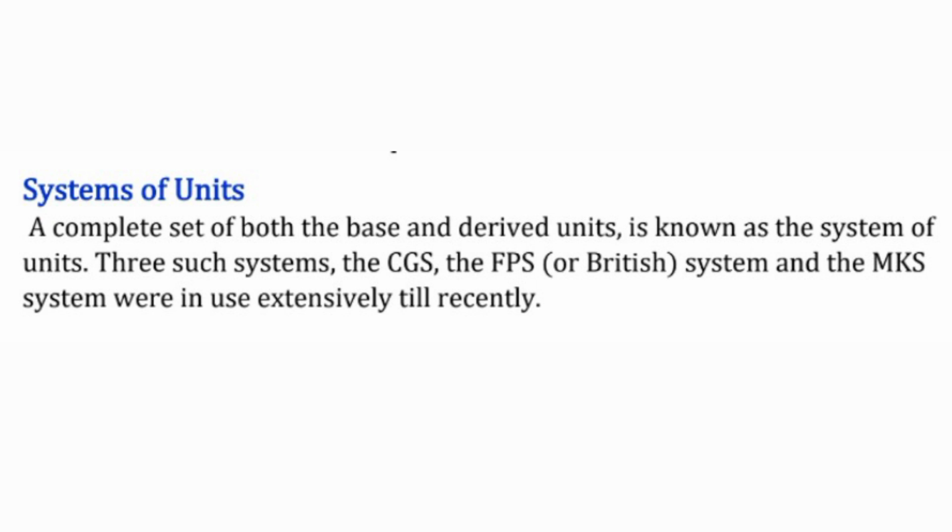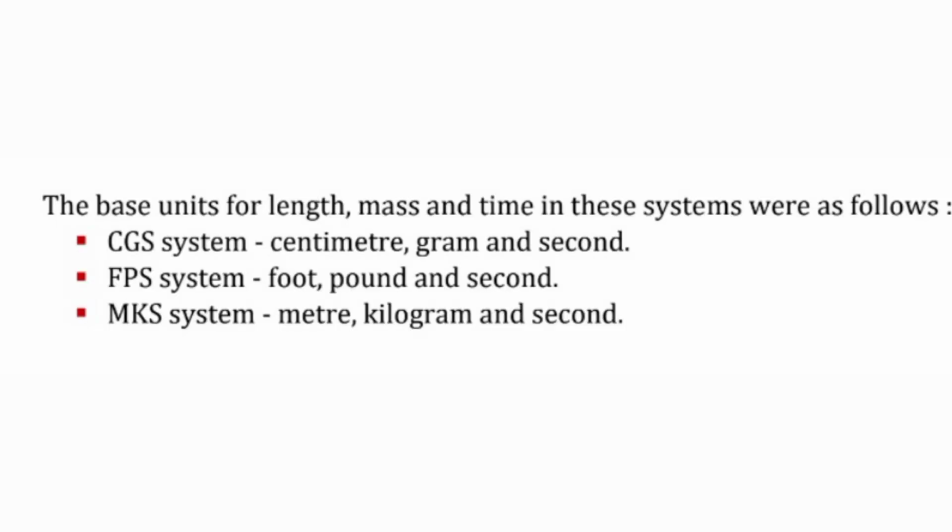So according to this, we will take the first letters of the units. For example, CGS means centimeter, gram and second. Here you have to remember the names of the systems. That is CGS means the units of length, mass and time are centimeter, gram and second. So it is CGS system. The next one is FPS system. So that is a British system. So what will be the units?